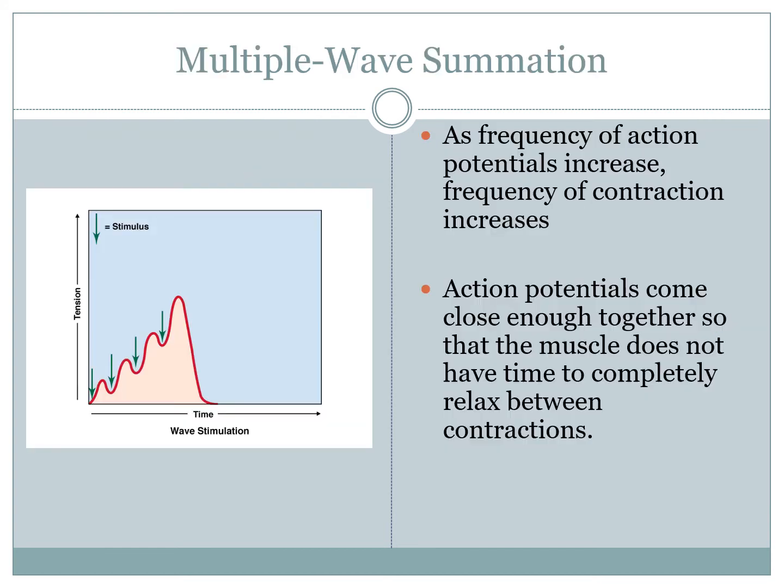Now when we're looking at it in a practical sense, okay, the body uses something known as wave summation. This is a gradient curve of increasing stimulus or repetitive stimulus that causes an increased contraction, okay, an increase in tension.